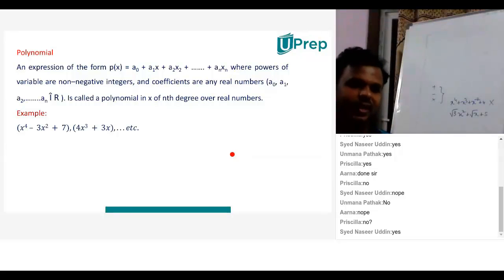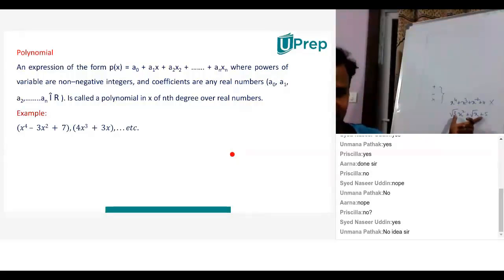Okay. Arna and Unmana, any answers? Can you repeat the question? The question is, can I call this, the second algebraic expression, a polynomial? No idea. Okay, it's okay.